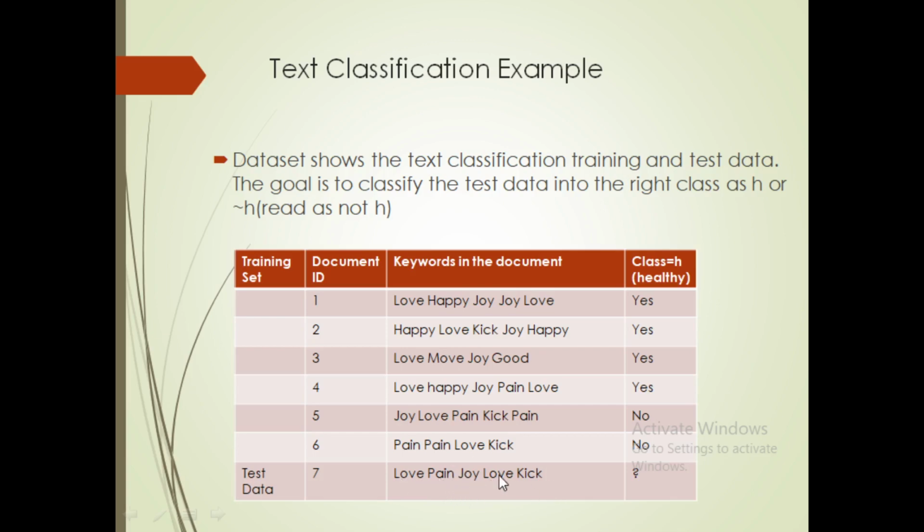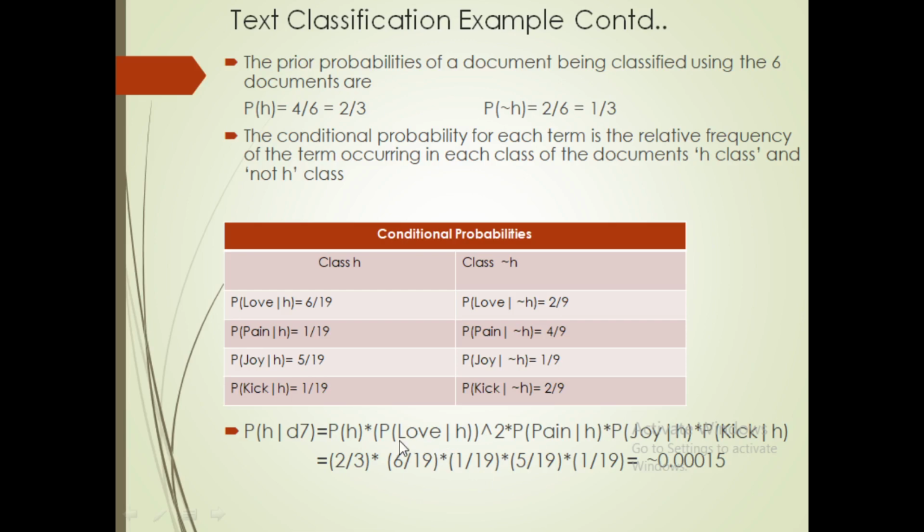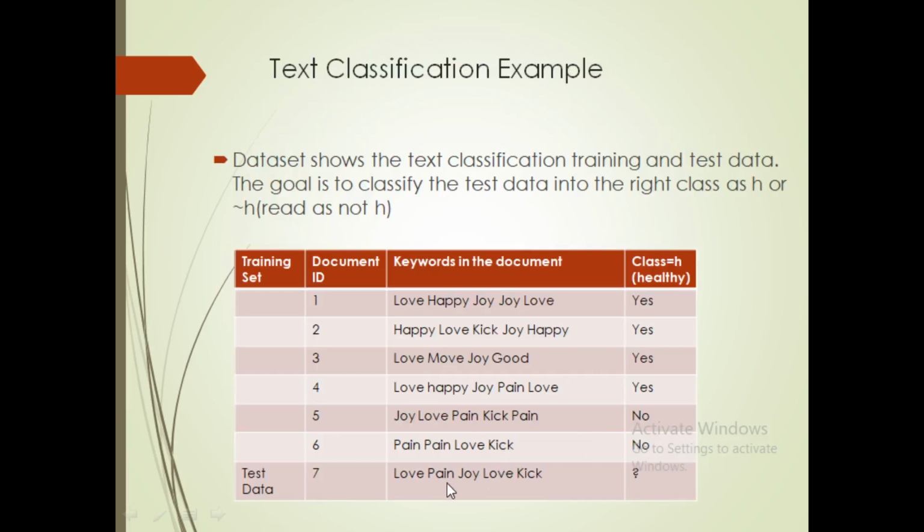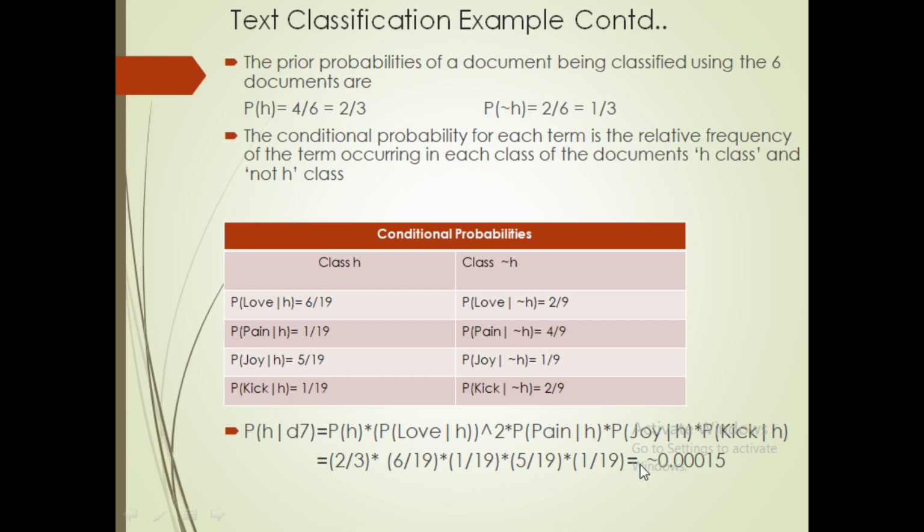Love has been repeated twice. For that reason we have taken P of love given H raised to 2 into P of pain given H, then we have joy and kick.